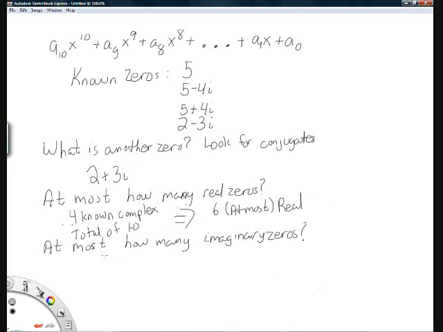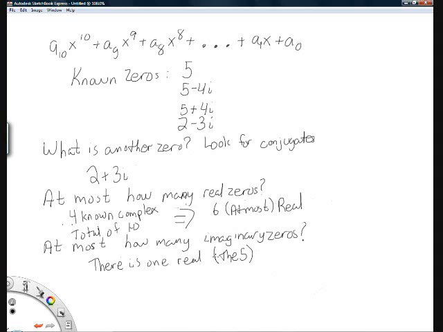At most, how many imaginary zeros? Well, here we need to take into account, unlike the last one, that we already know there is one real zero, which is the 5.